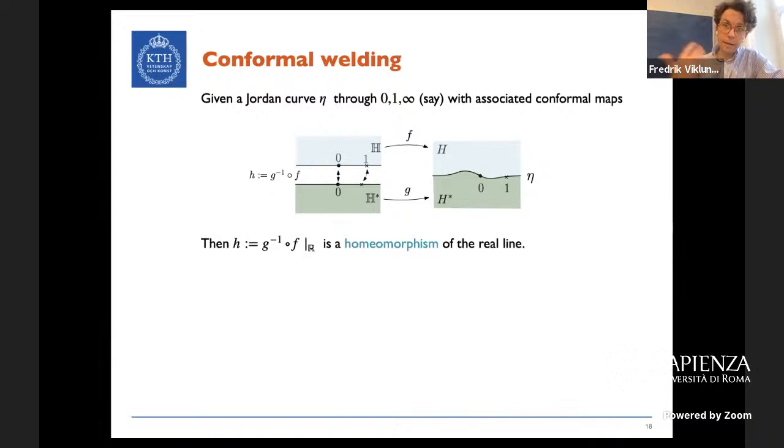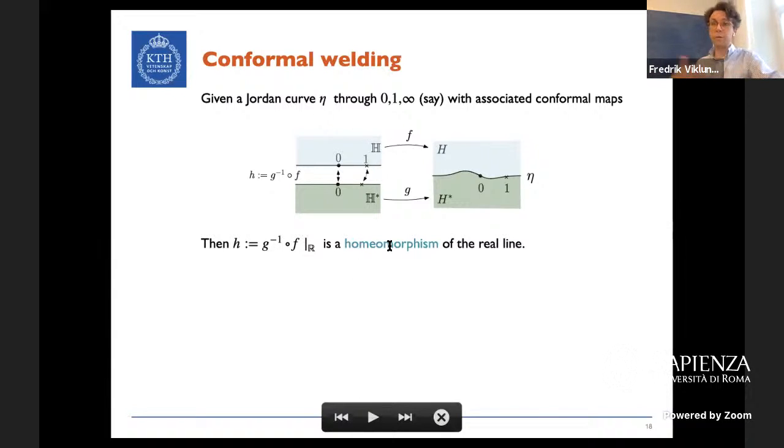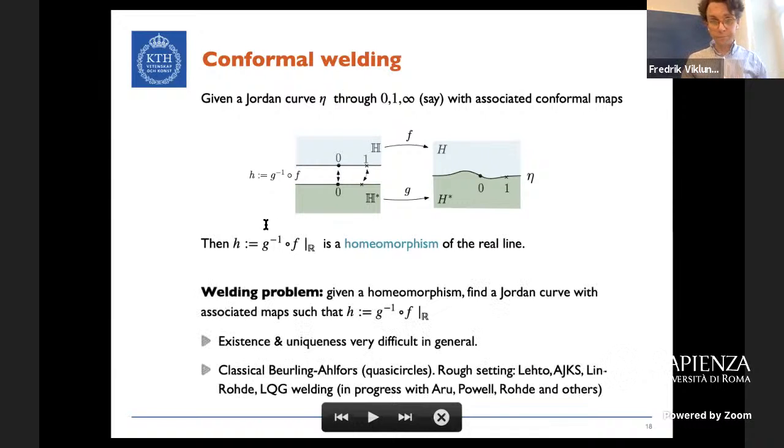Any curve through infinity would generate such a homeomorphism by going back and forth with the conformal maps like this. So the conformal welding problem asks to invert this process, to start with a homeomorphism and find the curve with attached conformal maps such that this formula holds.